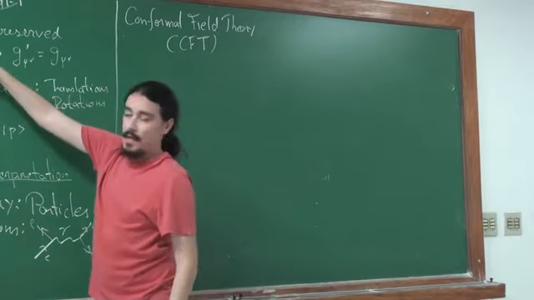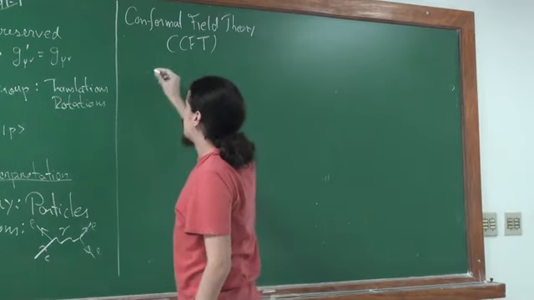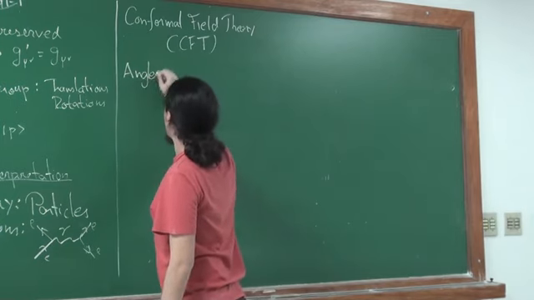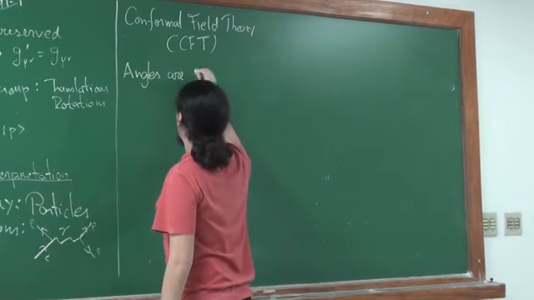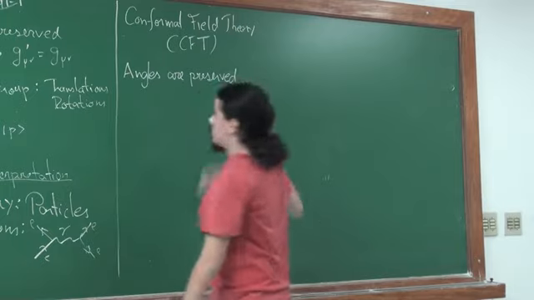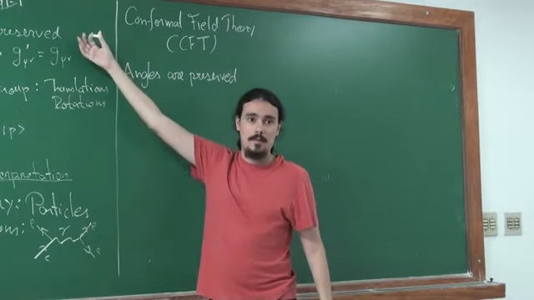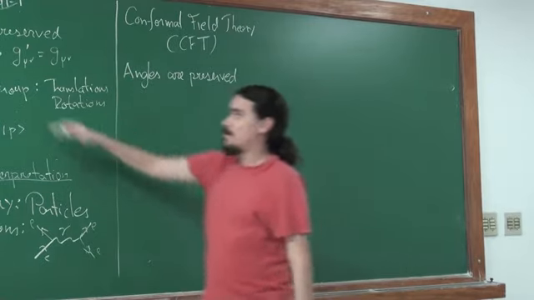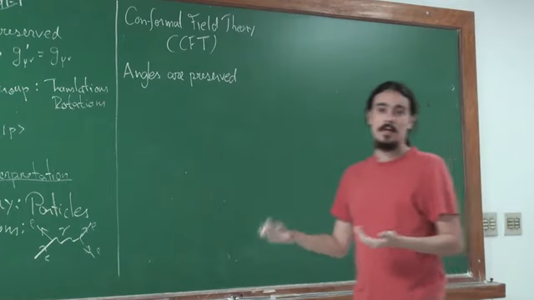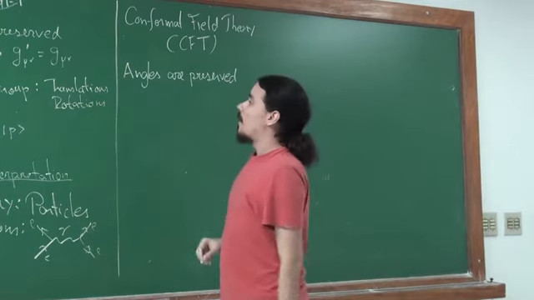We no longer demand that lengths be preserved. We demand that shape, or angles, are preserved. This is a weaker requirement, right? Of course, if I preserve lengths, I also preserve angles, but if I preserve angles, I do not necessarily preserve lengths.